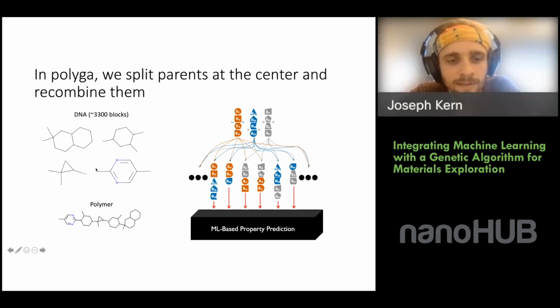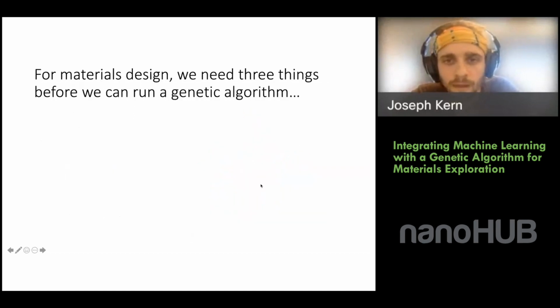And then we see these stars are sort of joints, and we recombine the blocks at their joints. So we take some parent polymers, and in the crossover phase of a genetic algorithm, we would break them at one of these joints, and then we would recombine them with the different polymers at the joint that it was broken at. And then we might have some mutation that occurs. And after that mutation, that's when we'd integrate machine learning to predict the properties of the polymer. So that's for polymers.